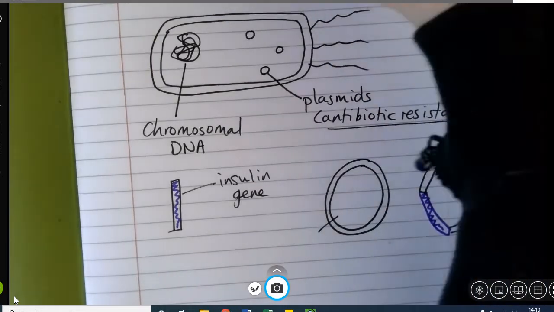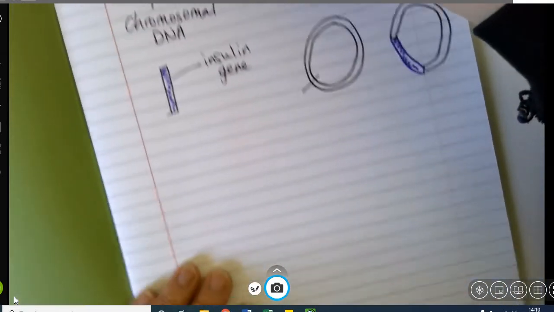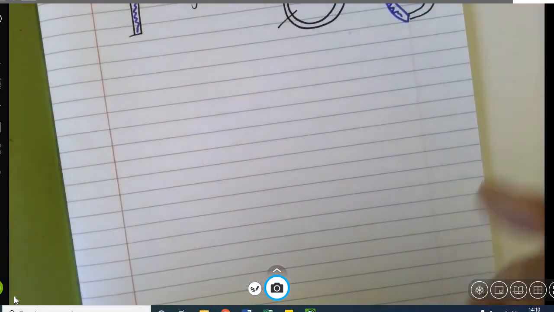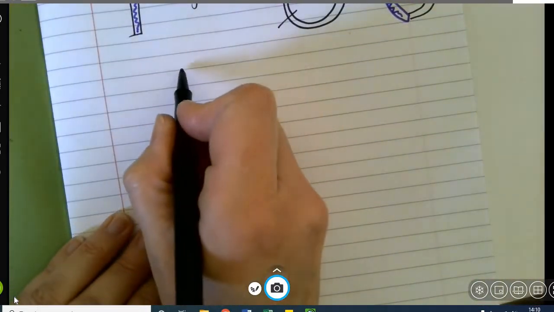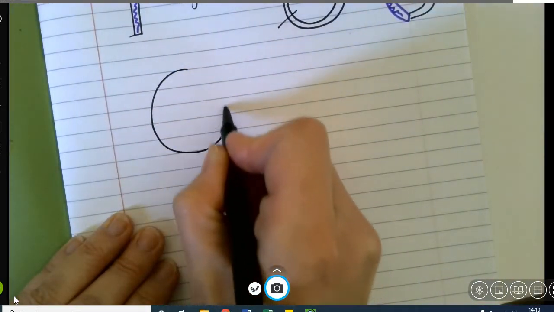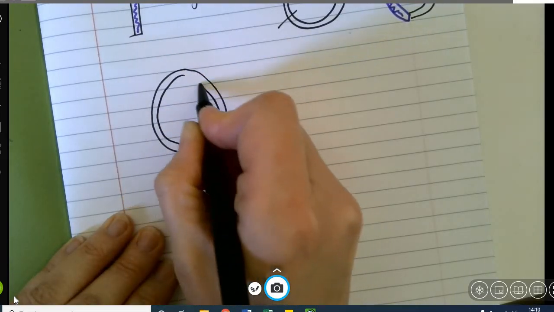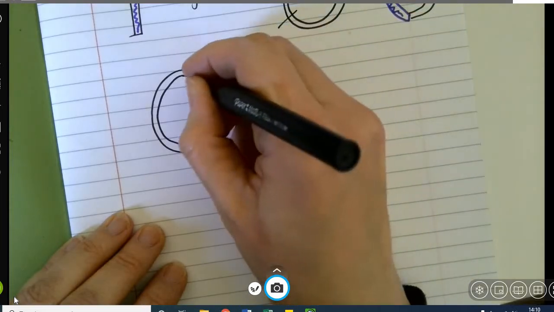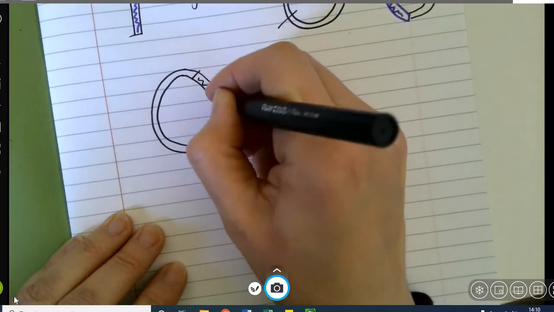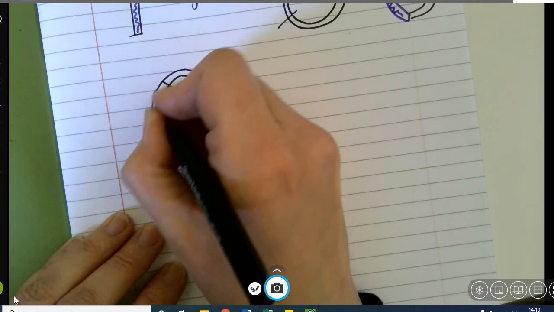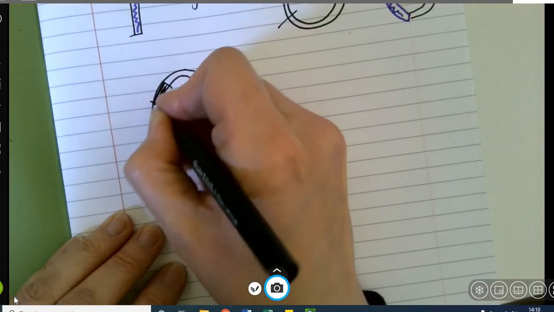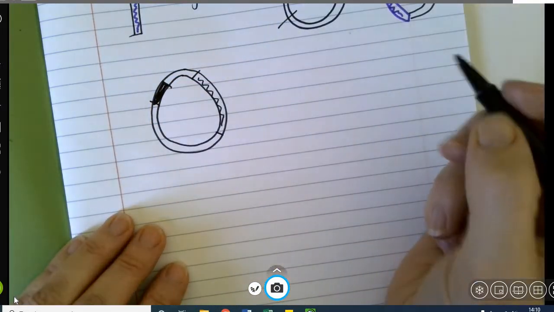So let's have a think about the example that was in your booklet. In that example there was a plasmid like this which had two antibiotic resistance genes on it. There was a gene over here and a gene over here. Obviously the positioning doesn't really matter.